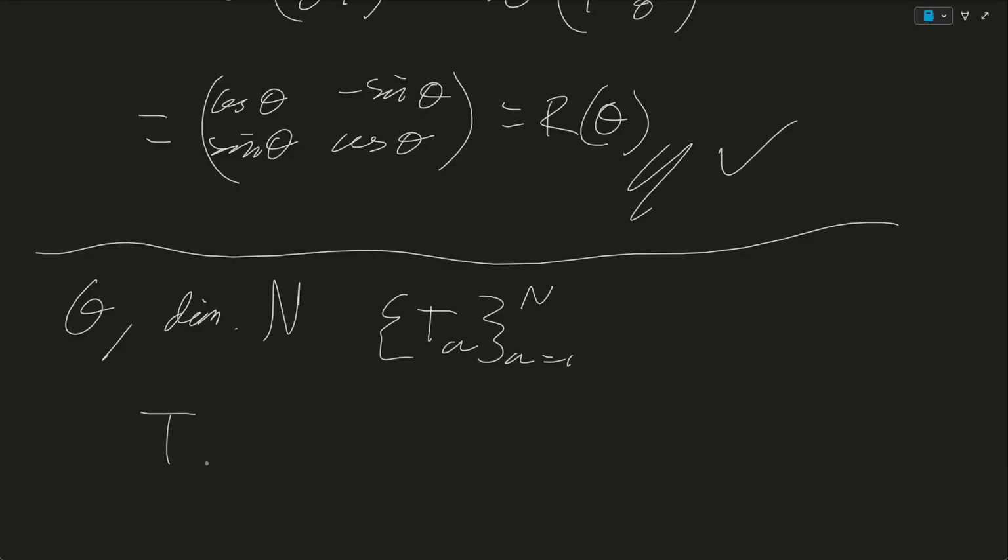So we can define TA as dg d alpha to the a, where alpha equals 0.